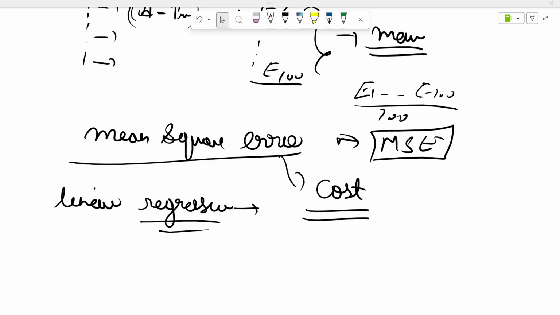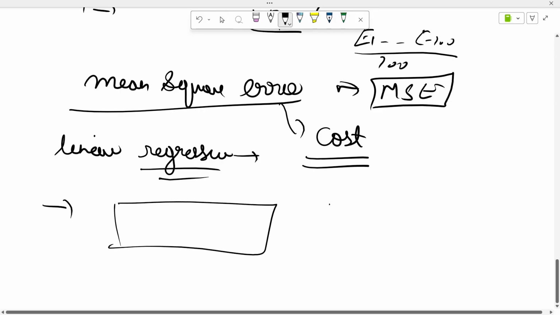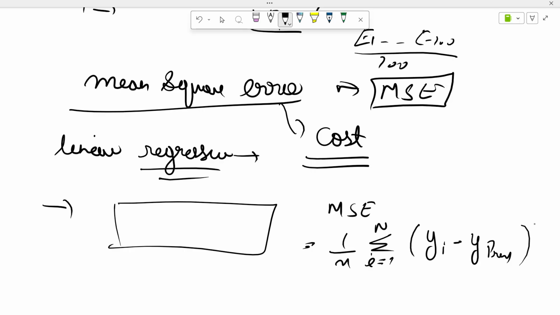Okay, now we will understand what training actually means. So what is linear regression trying to do? It is trying to reduce the cost. You have the cost function, which is, let's say, mean squared error, which is 1 by n, summation of i equals 1 to n, actual value minus predicted value, and taking the square.